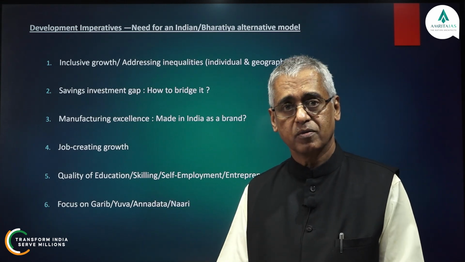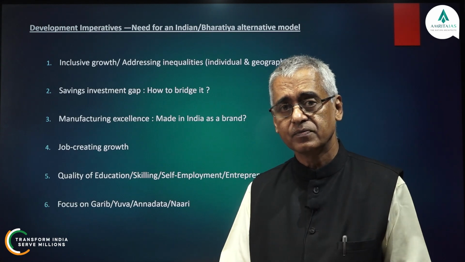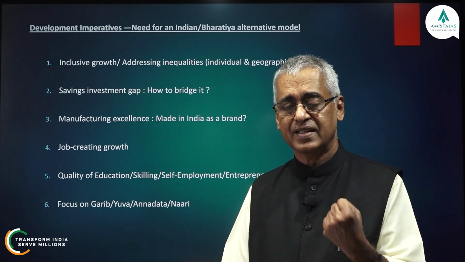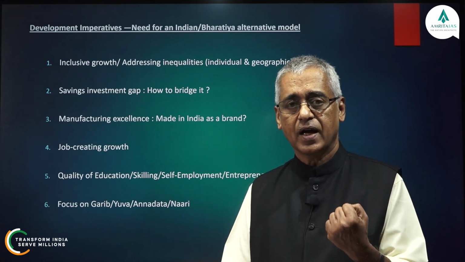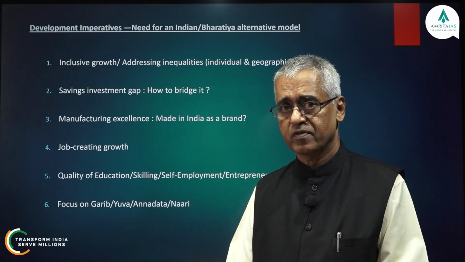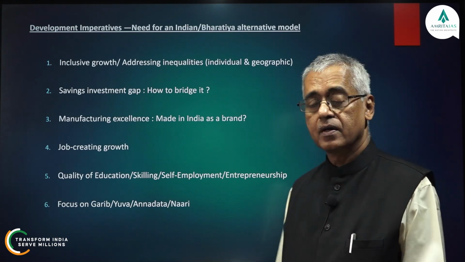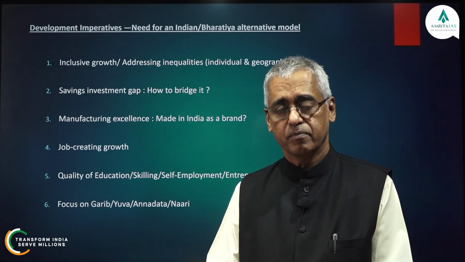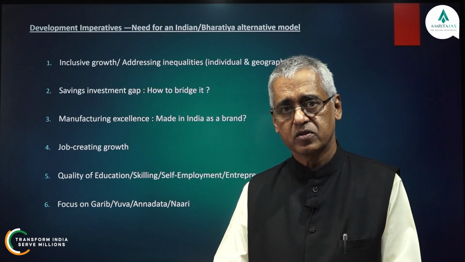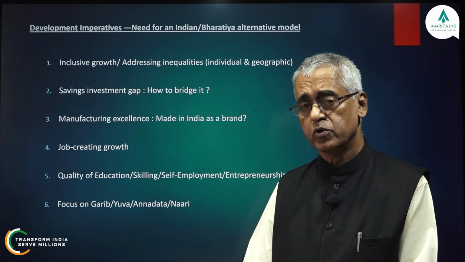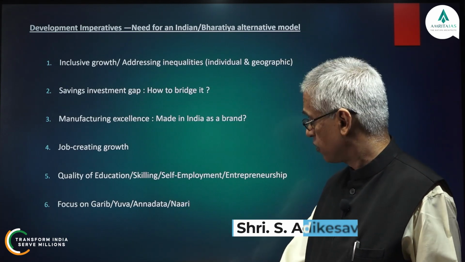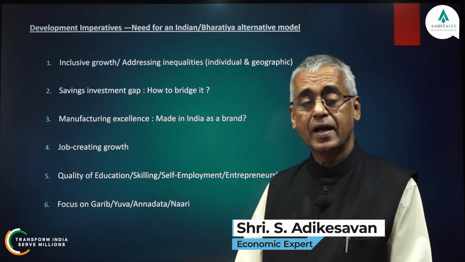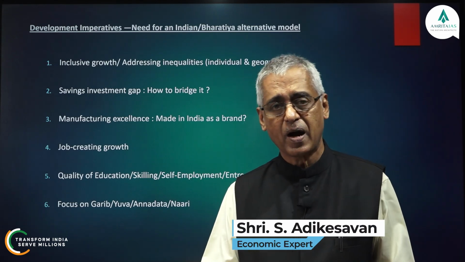Yuva, or the youth, because the nation is young, the nation has that energy, but we have to fulfill the aspirations of the youth. How do we do that? Farmers, we are self-sufficient, but the lot of the farmers, their income levels, of course, need improvement. They have to be a focus of policy initiatives. And how do we harness women power?